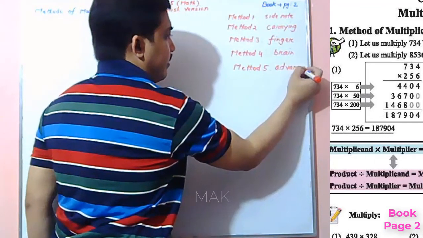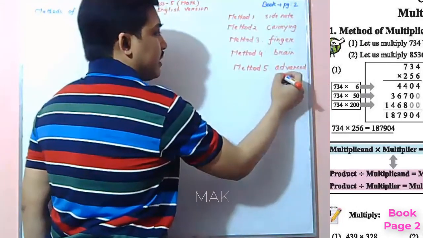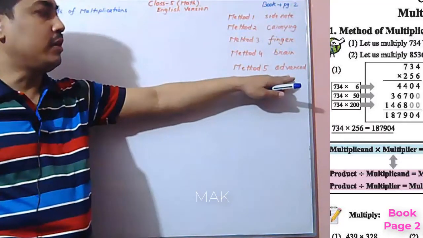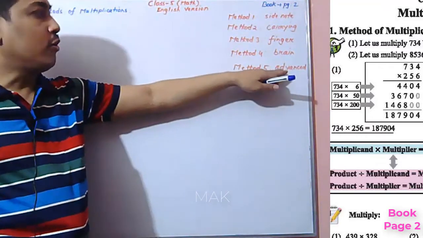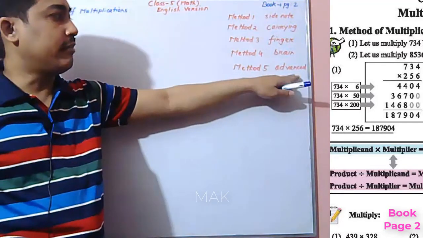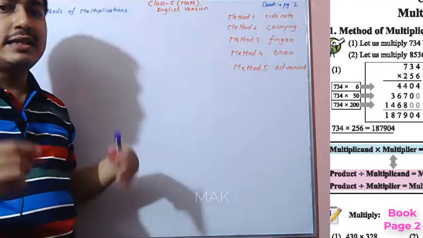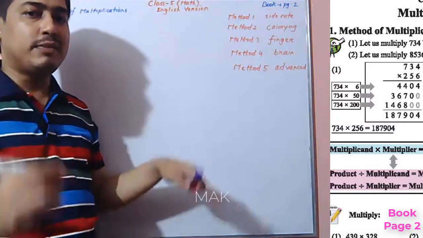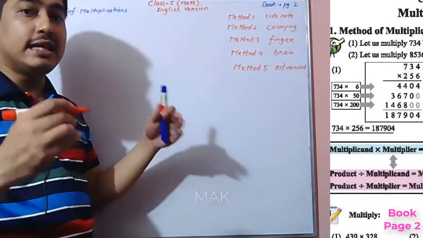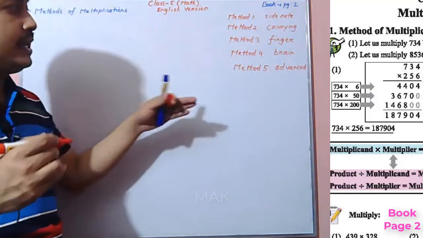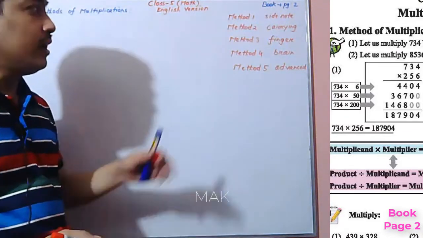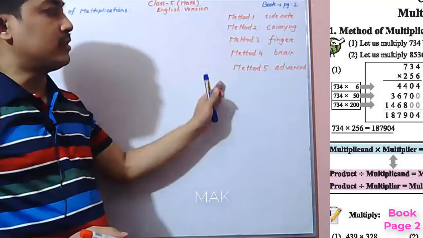It would be a little difficult for you in the beginning, because when you are in class 6 or class 7 or class 8, you will practice multiplication again and again, and you will be able to do things quickly and in your own way, by not using the first 4 methods.